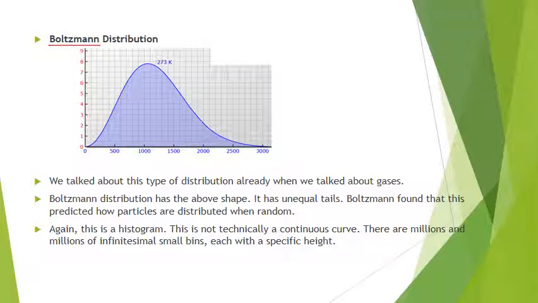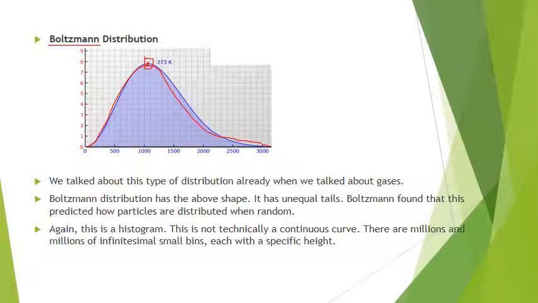There will be an average, but a different kind of average, because it's not in between everything. It's, I guess, the most probable. But it has this quality where it has a short tail and then a long tail.